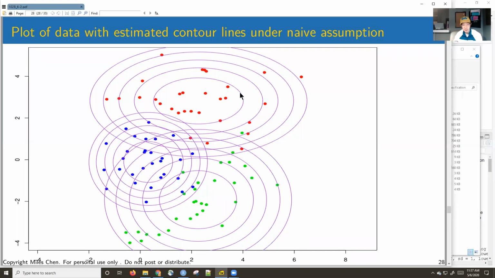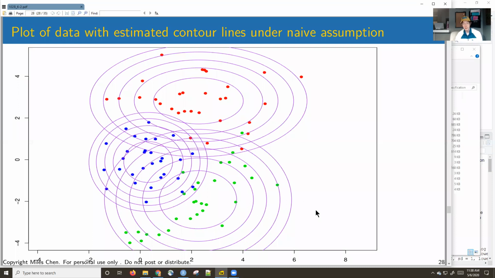We can see that with the naive assumption, the major and minor axes of each fit are parallel to the x1 and x2 axes. For the red and the blue dots, it seems reasonable. For the green dots, it seems a little bit off.